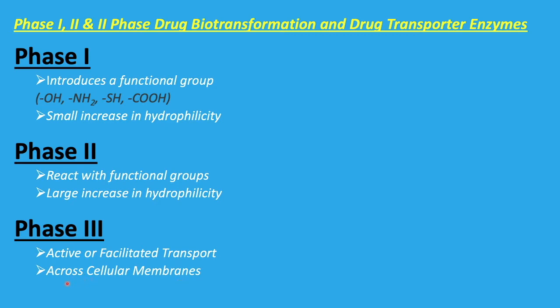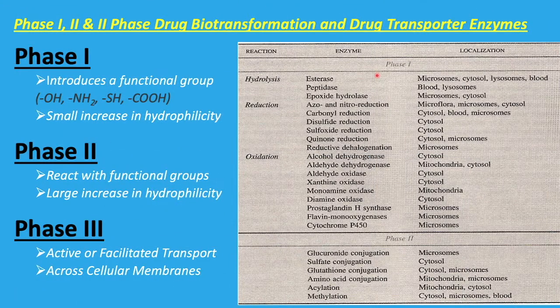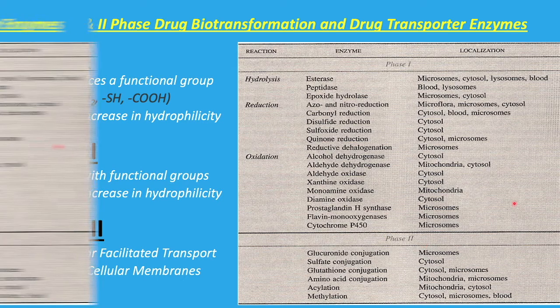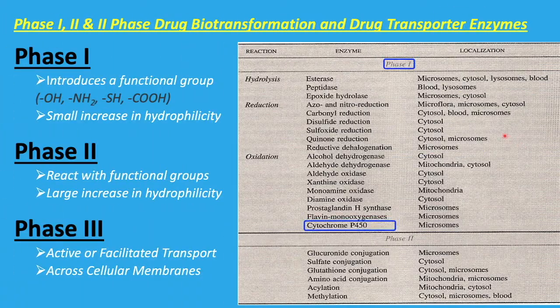That's how much of the pharmacotherapy you prescribe and pharmacists dispense gets across cellular membranes. The following chart summarizes phase 1 and phase 2 reactions that occur in our bodies. For the purposes of this lecture, we're going to focus on phase 1 reactions, specifically cytochrome P450 mediated reactions. Phase 2 reactions, to include glucuronide conjugation, will be the focus of a later lecture.